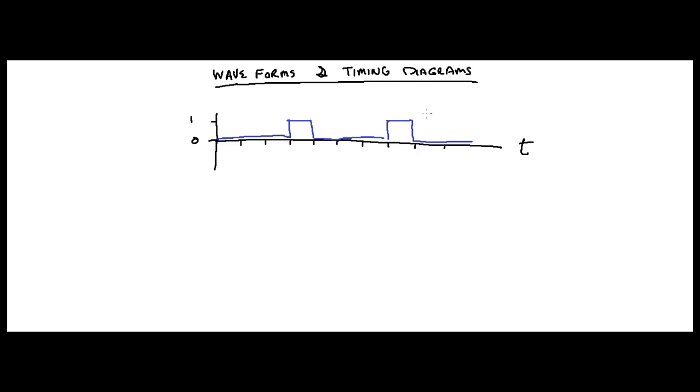Periodic means it repeats. It's regular. You know what's going to happen in the future on this, right? So, if these were now times, I don't know, 1, 2, 3, 4, 5, 6, 7, 8, 9.